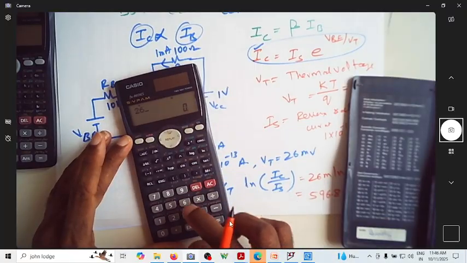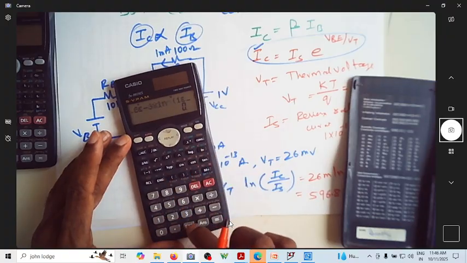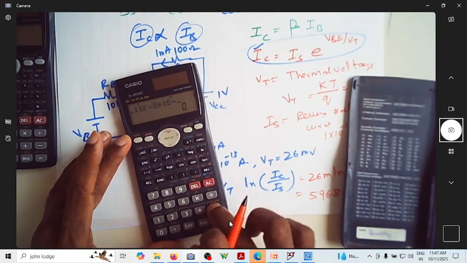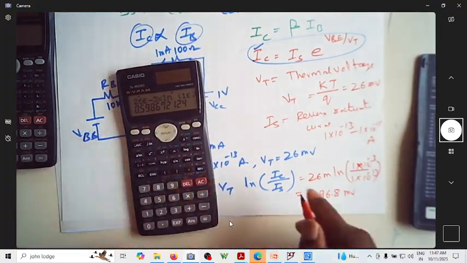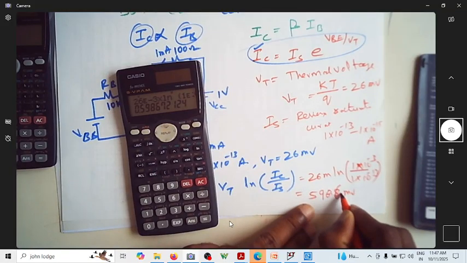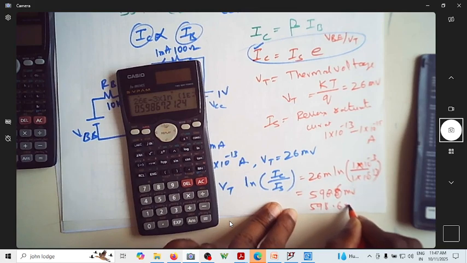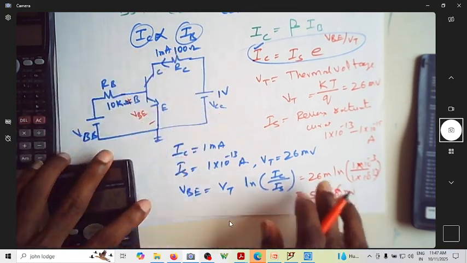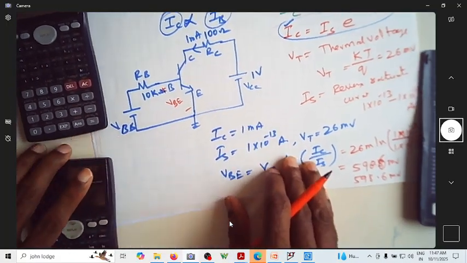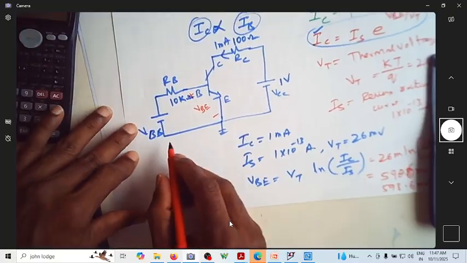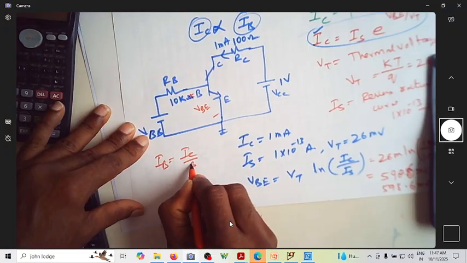It is 26 exponential minus 3 multiplied by ln of 1 exponential minus 3 divided by 1 exponential minus 13, close. Okay, 598.6. This is 598.6 millivolt is the voltage that should be available here. So now we also know that IB is equal to IC by beta.